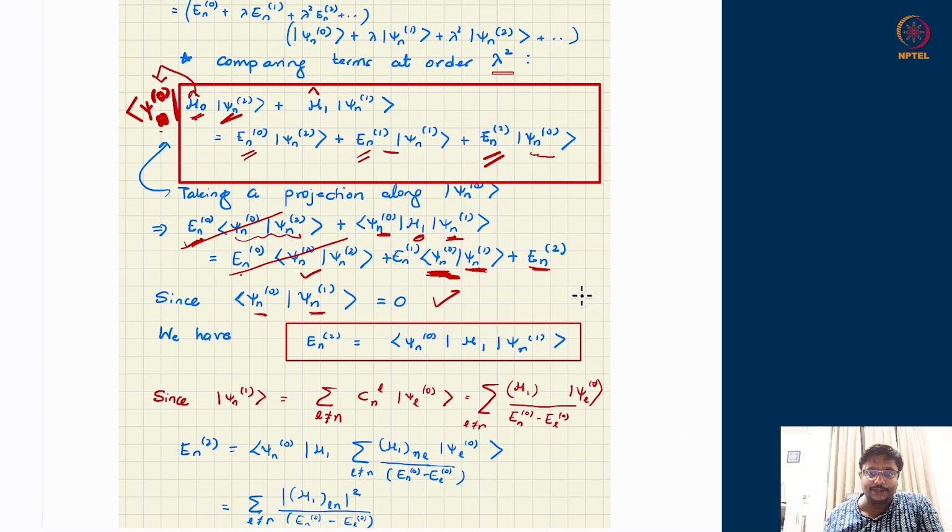So all I am left with on the right hand side is just En2, and on the left hand side only one term survives, which is H1. This time it gets squeezed between psi n1 from the right and psi n0 from the left. Remember, En1 was what? En1 was H1 squeezed between psi n0, psi n0.